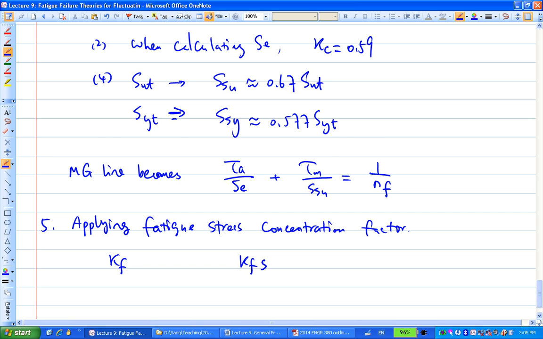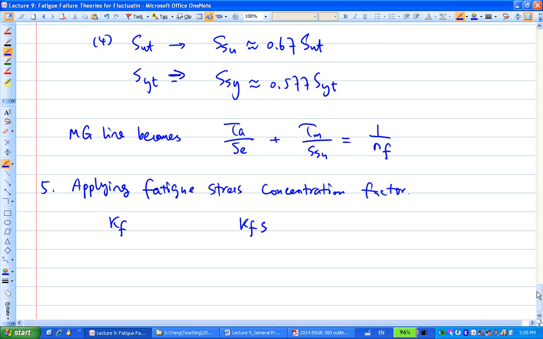If you have a nominal value, then you basically apply the Kf in front of the nominal value. But in this case, we're not just having sigma a, we also have sigma a and sigma m. So when you apply this fatigue stress concentration factor, you're really applying the Kf to two nominal values. One is the sigma a nominal, the other is the sigma m nominal.